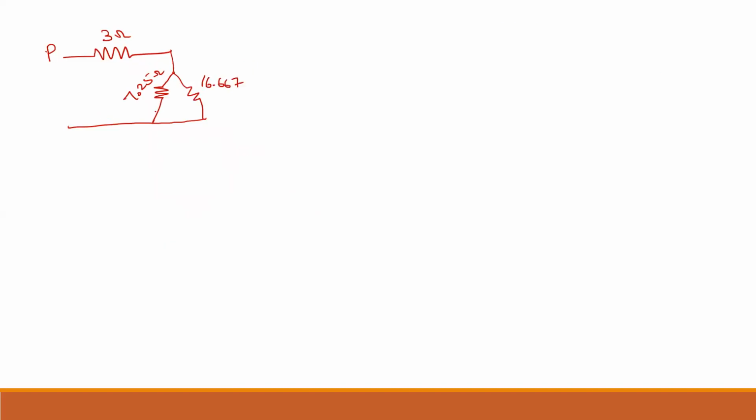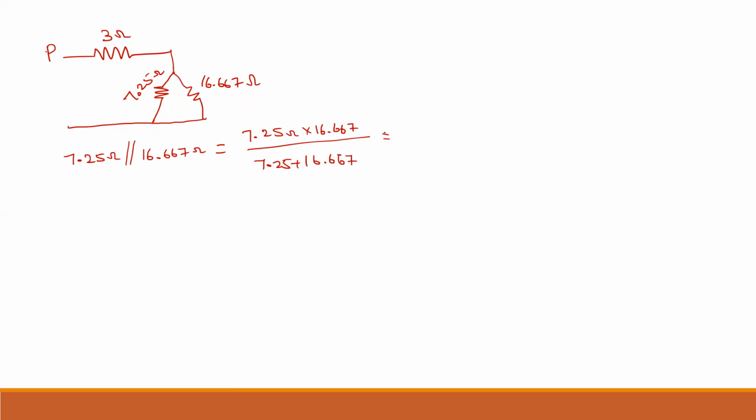If you observe, these 7.25 and 16.667 are connected in parallel. So 7.25 ohm parallel with 16.667 ohm gives 7.25 into 16.667 divided by 7.25 plus 16.667.